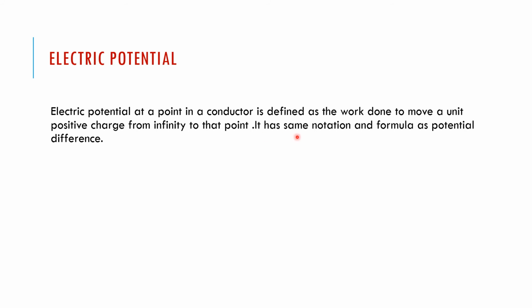It has the same notation and same formula, everything is same as potential difference, only the definition changes. Here it is work done to move from infinity to that point, whereas in potential difference it is work done to move from one point to another point. That is the only difference.